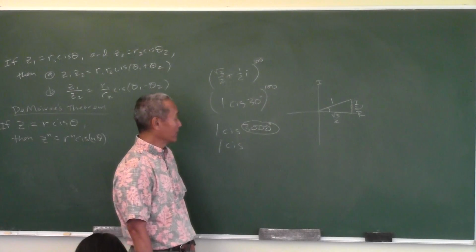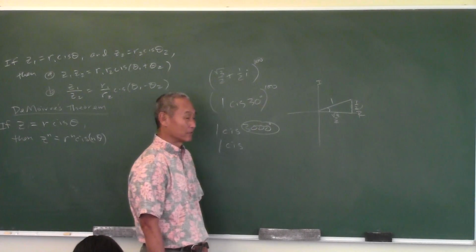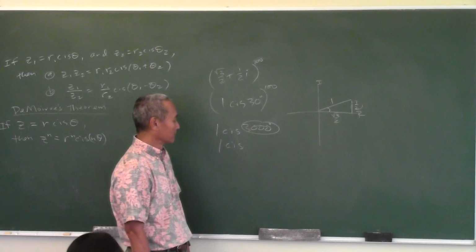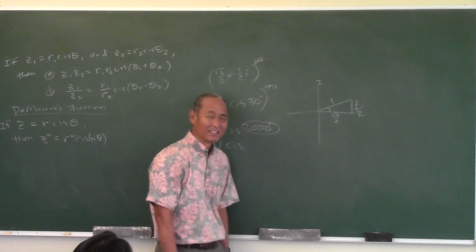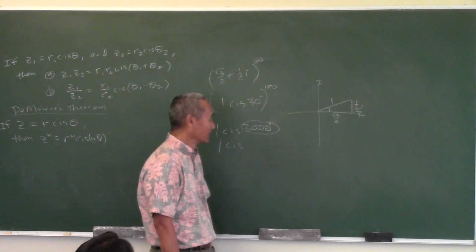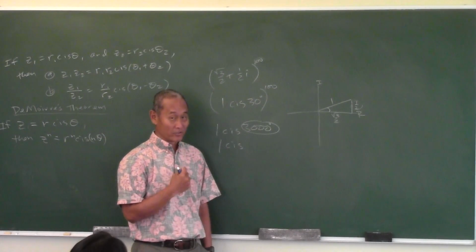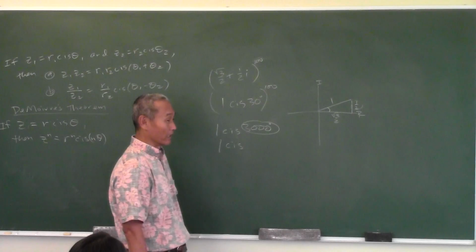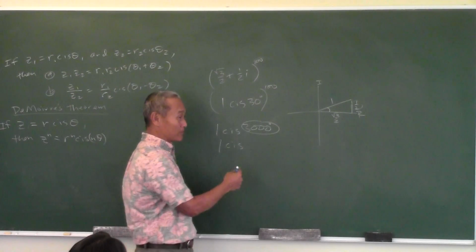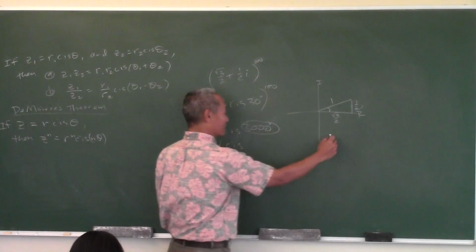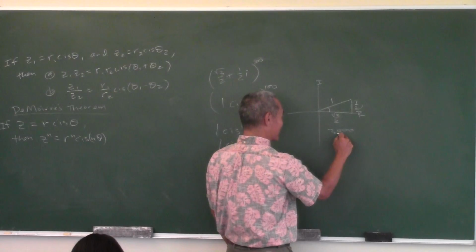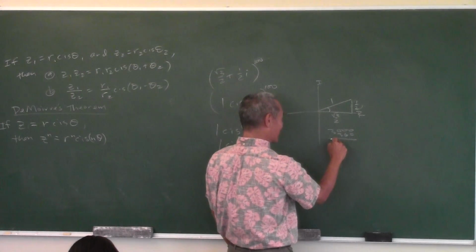Some of you are struggling, so what you can do is just keep subtracting 360. So 3,000 minus 360 is 2,640.